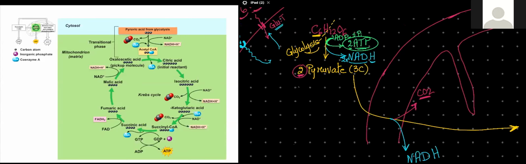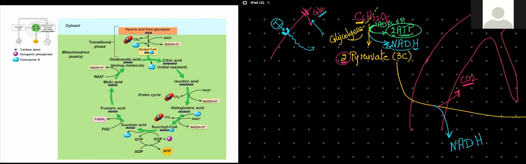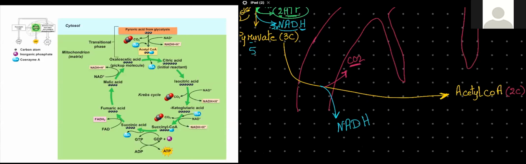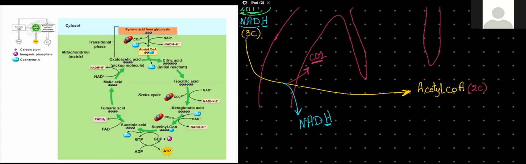Remember, each pyruvate did have 5. So if I'm telling you that you're going to be losing a hydrogen transforming each of those pyruvates into an acetyl-CoA, this means that you're going to have only 4 hydrogen remaining per acetyl-CoA.